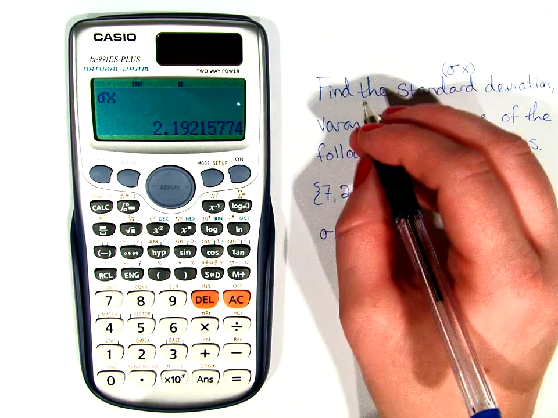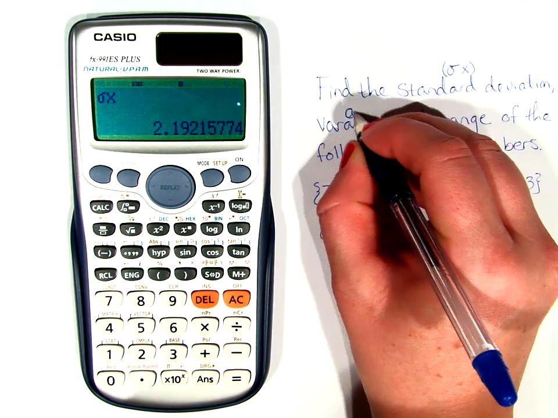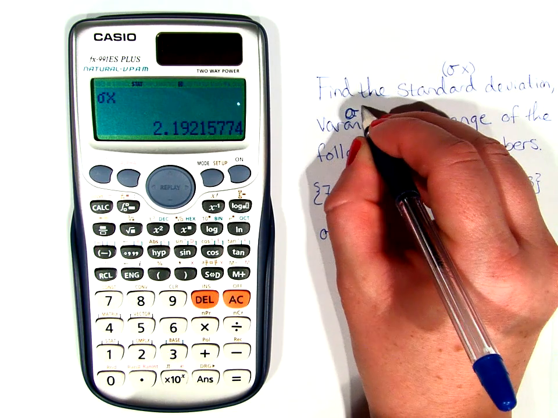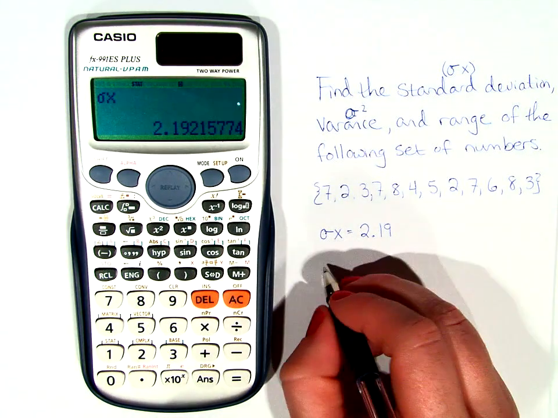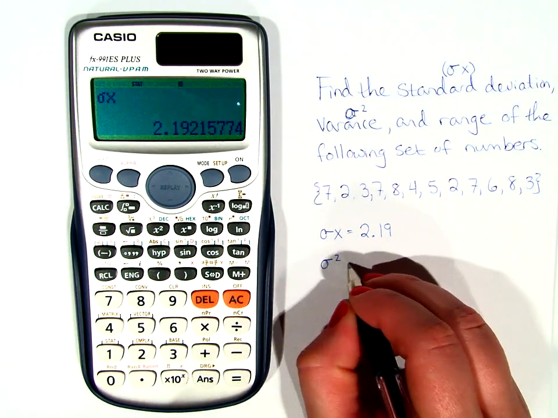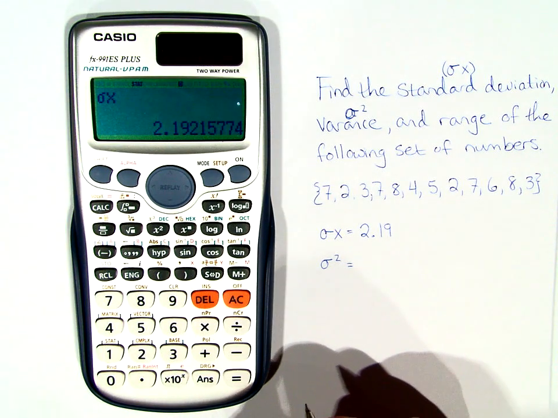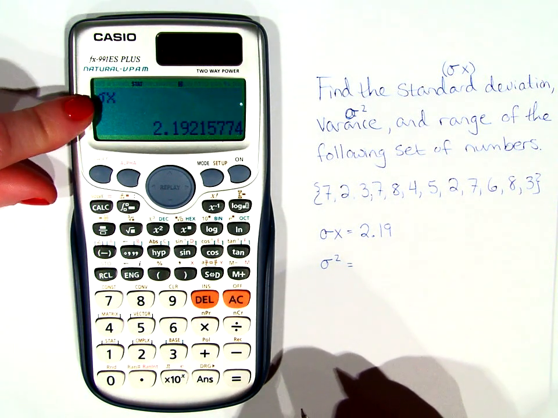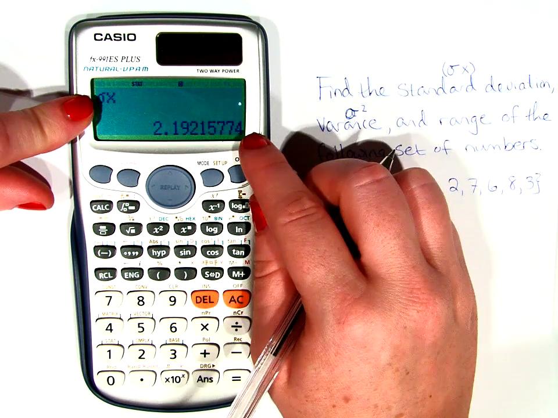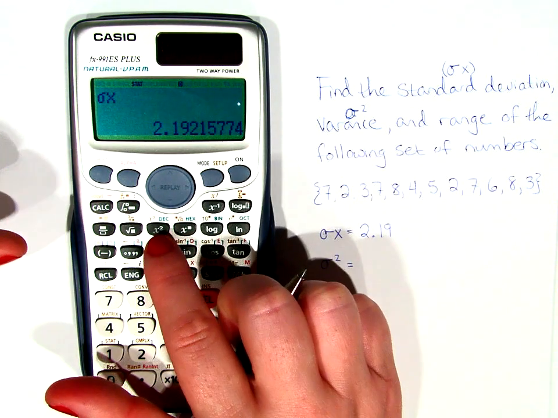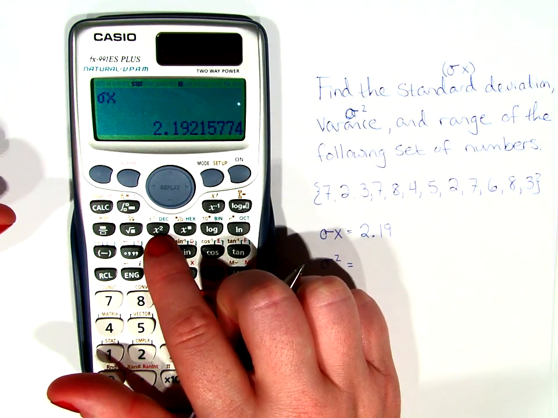Variance is very similar to standard deviation. You have your sigma, but all you have to do is square it. Rather than the calculator putting in a special button for variance, all we have to do is find our standard deviation, which is what we have, and then hit this button right here, our x squared button.